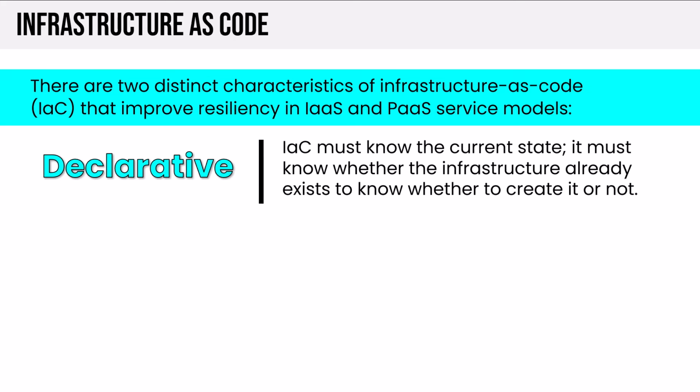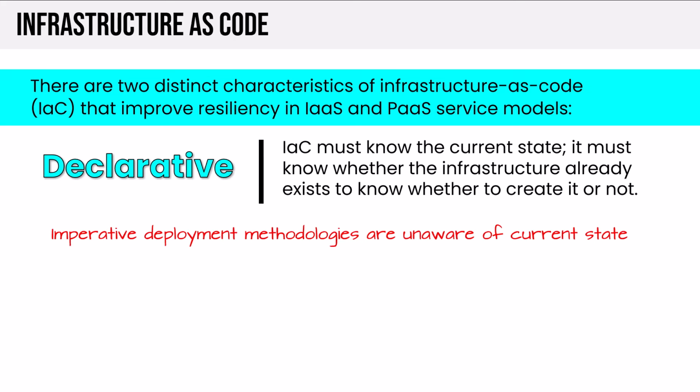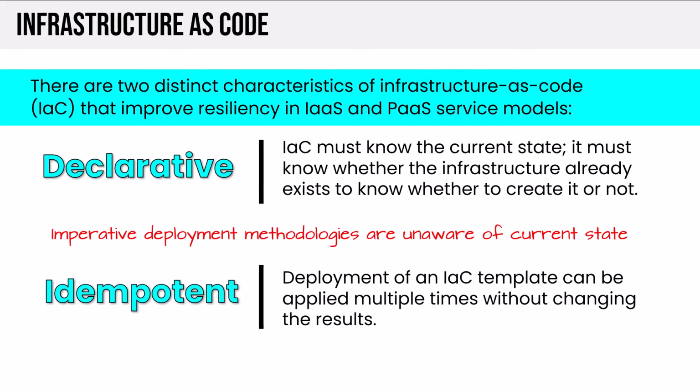Now, when we look at legacy scenarios like simple scripts, imperative deployment methodologies are unaware of current state. Not the case with infrastructure as code. Infrastructure as code is also idempotent, meaning deployment of an infrastructure as code template can be applied multiple times without changing the results.